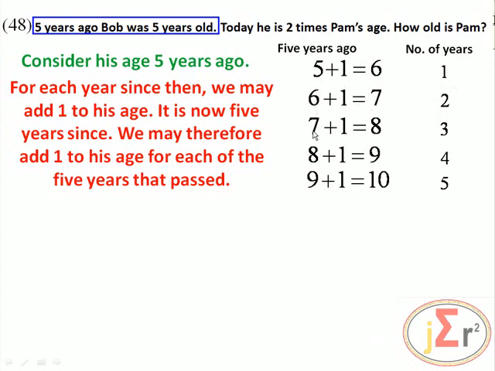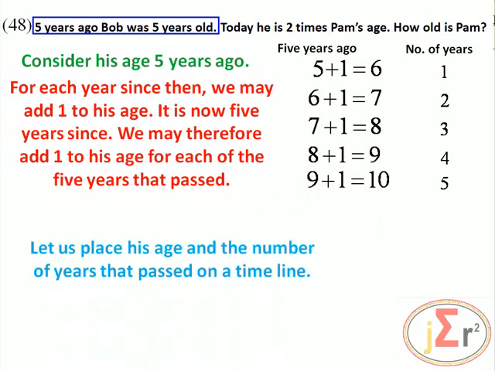And we need to add another for the next year. 7 plus 1 is equal to? 8. Then we add another for the other year, and we have 8 plus 1 equals? 9. And for the 5th year, we still need to add another one. 9 plus 1 is equal to? 10. Therefore, his present age is 10 years old.